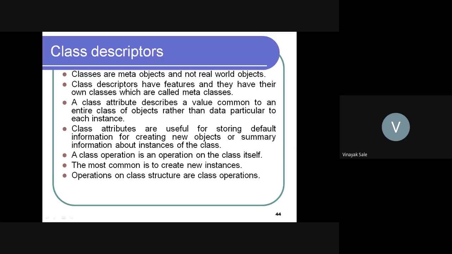A class attribute describes a value common to an entire class of objects, rather than data particular to each instance.